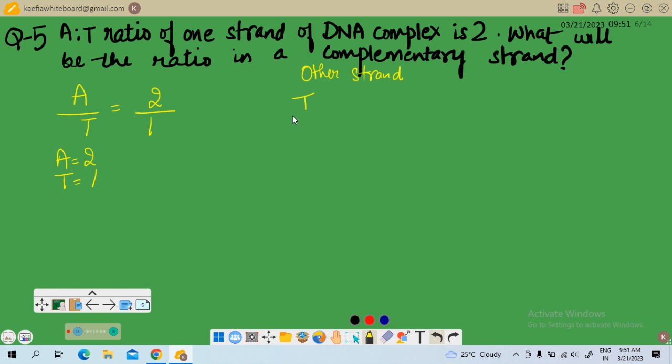A will pair with T and T will pair with A. So we know T is 1. 1 minute. Ratio will be T is 1 and A is 2. This comes out to be 1 ratio 2. Okay, now coming to next question.